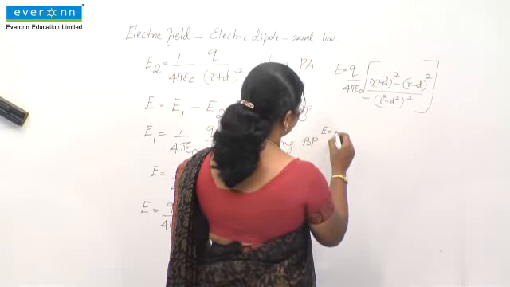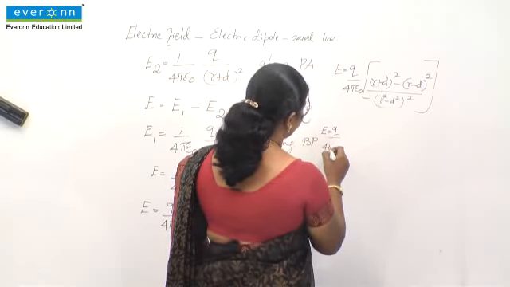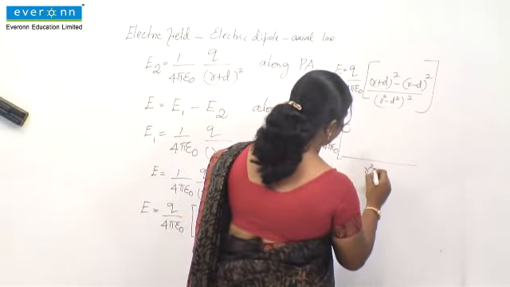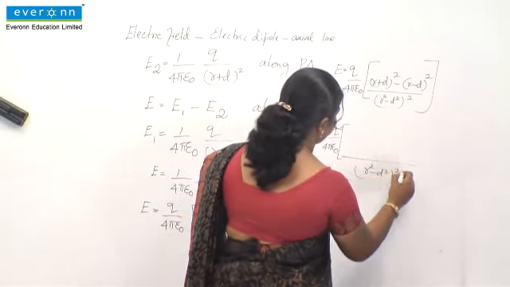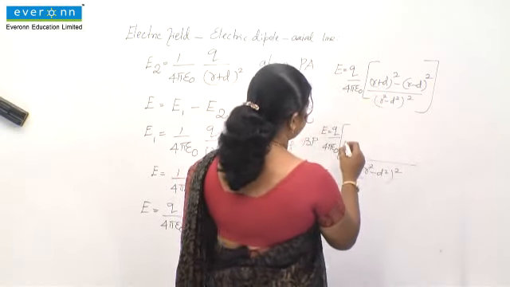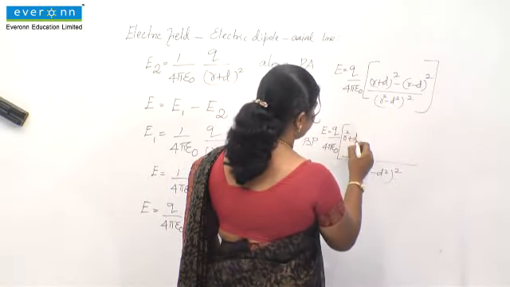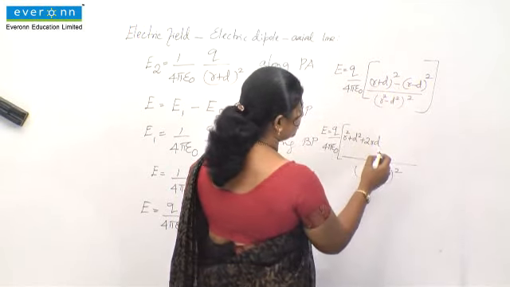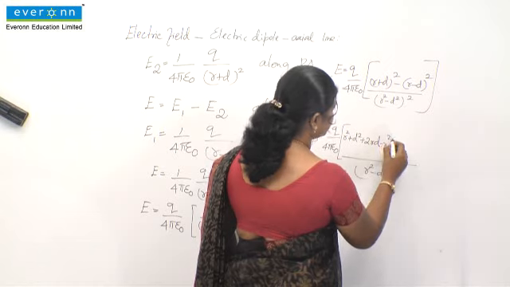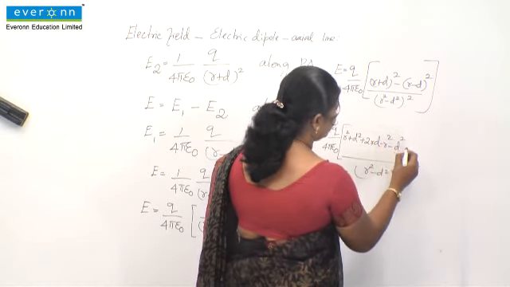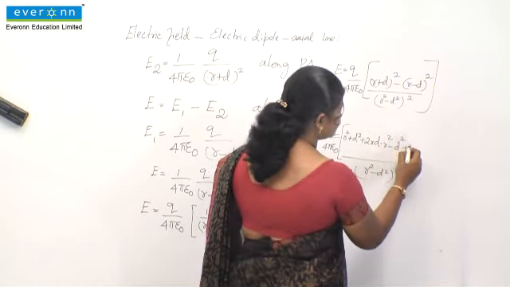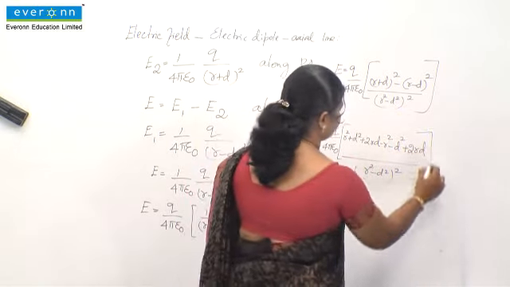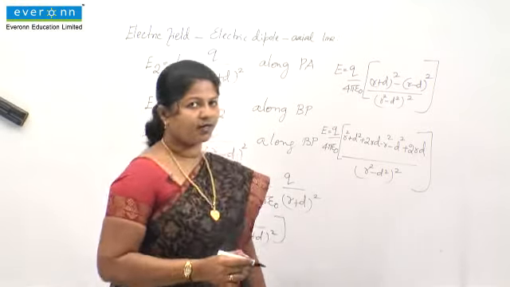E will be equal to Q by 4 pi epsilon naught, and the denominator will be (R square minus D square) the whole square. So you can write the numerator as R square plus D square plus 2RD, and this minus will go there, so it becomes minus R square minus D square, and minus into minus it becomes plus 2RD. Okay, we have used the formula here.